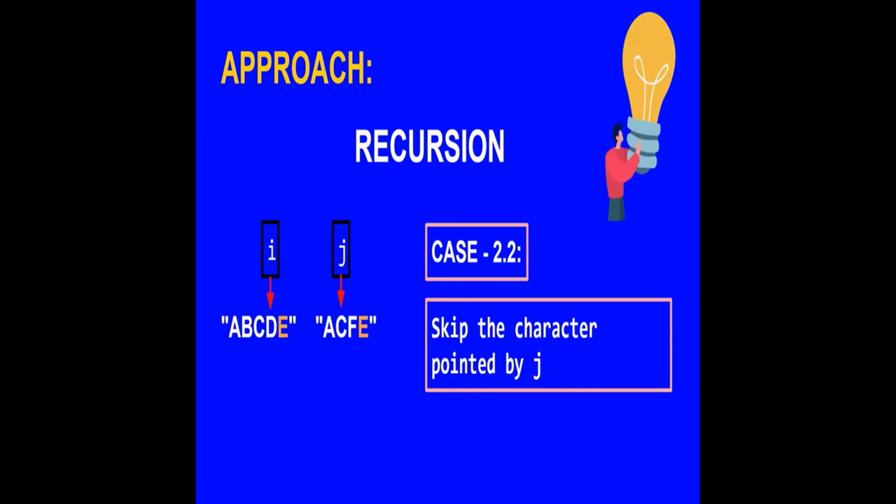You might be thinking that a third case is also possible, where we skip the characters pointed to by both pointers i and j. But that case is already covered among these two cases, 2.1 and 2.2. If you subsequently apply case 2.1 and then case 2.2, then that case, let's say case 2.3, is already covered.